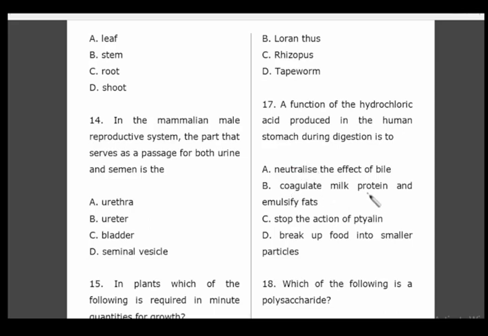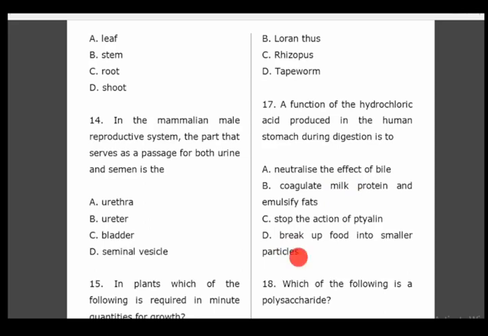Also, it is not to coagulate milk protein and to emulsify fat, because emulsification of fat is the function of the bile, and coagulation of milk is the function of another enzyme called renin. Renin helps to curdle or coagulate milk. Now, going to D, break up food into smaller particles.